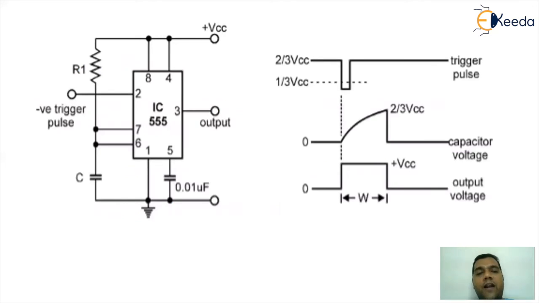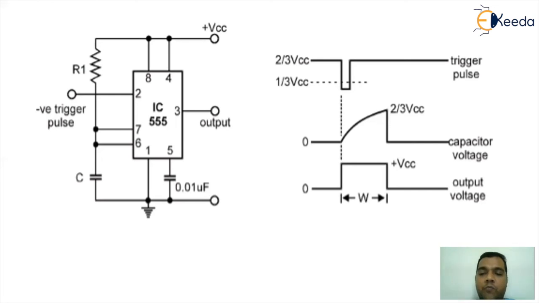So here we are trying to discuss the final conclusion. We have the IC 555 and the left hand side figure is basically your circuit connection. You can see here that there is a battery on the top and the ground point at the bottom. The resistance and the capacitor are there, and the output is available at pin number 3. With respect to the waveform, we can clearly see that whenever the trigger signal goes below 1/3 VCC, the capacitor will start charging and go to a max value of 2/3 VCC.